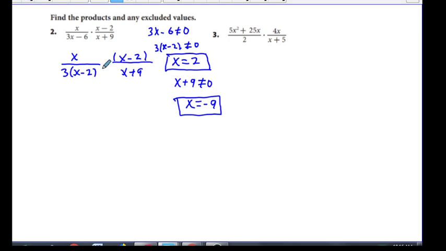It's as if we put this whole thing under one division bar and cancel whatever we can. So we have x minus 2 over x minus 2, which we cancel, and what is left is x over 3 times x plus 9. And we see that x cannot equal negative 9.